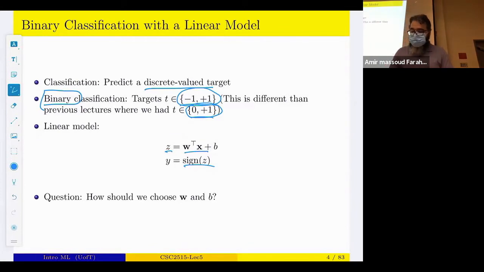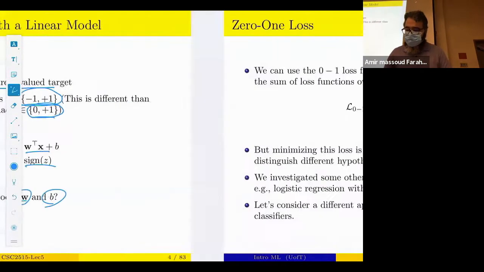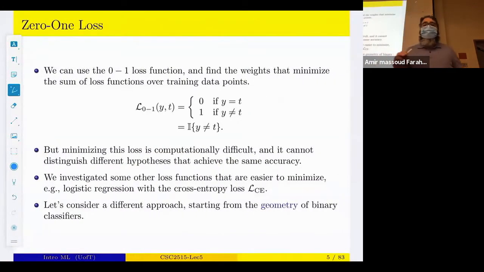The question that we want to address in classification, and in general in machine learning, is how we should choose w and b. Sometimes we don't mention the bias term b because it is already incorporated in the weights w if we change x properly, but that's not very important here. We saw the 0-1 loss function before.